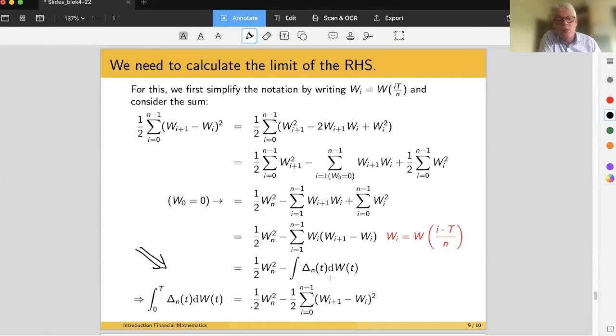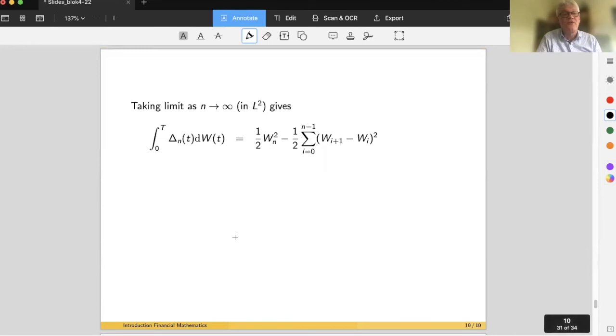And we know this, right? These sums of Wiener increments squared, they will go with dt. So how is the convergence going? Well, the convergence will then be by taking the limit as n to infinity and then convergence in L2.